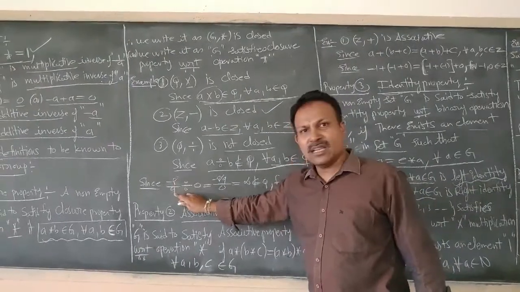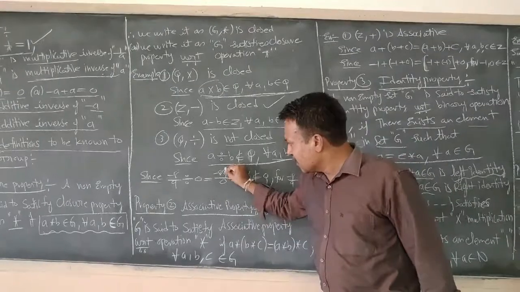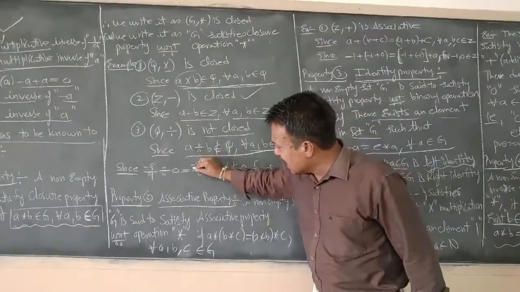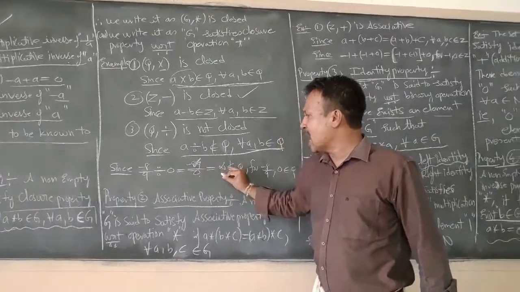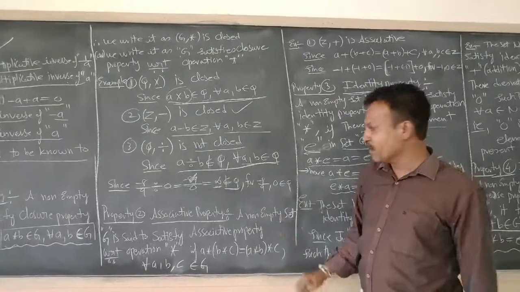Minus 8 by 9 is a rational number, and when divided by 0, minus 8 by 9 by 0 is undefined. Because any number divided by 0 is undefined, and this undefined value is not present in the set of rational numbers.